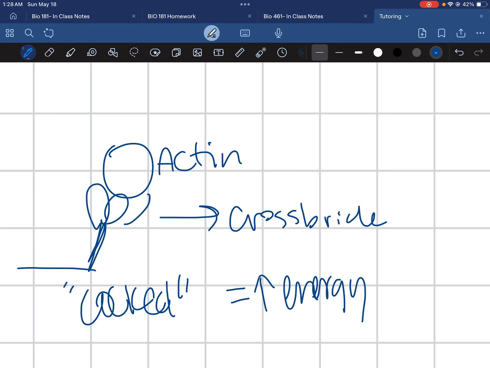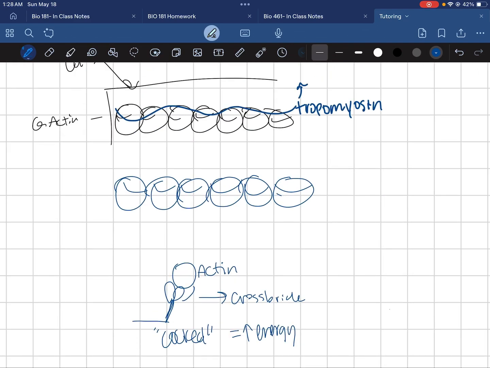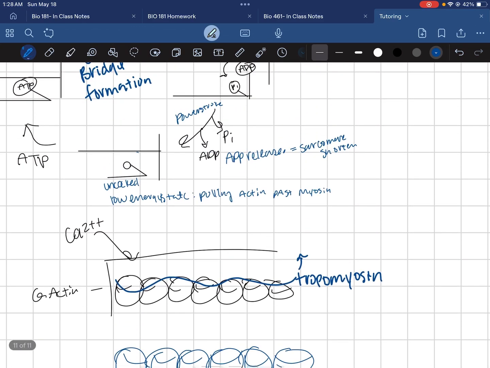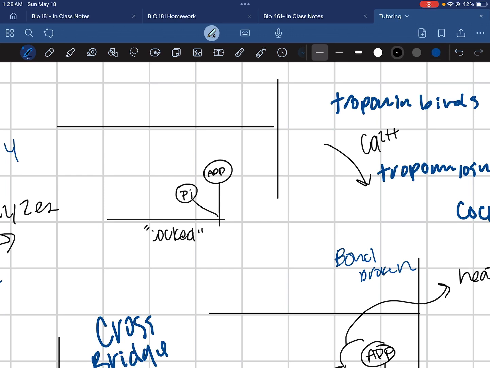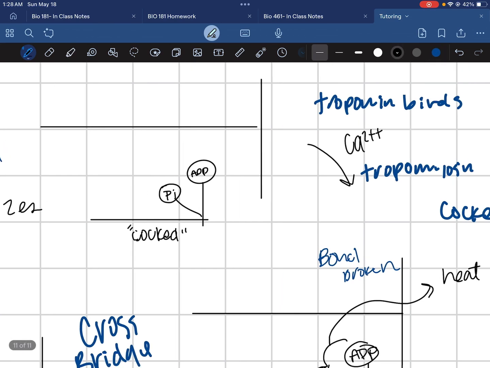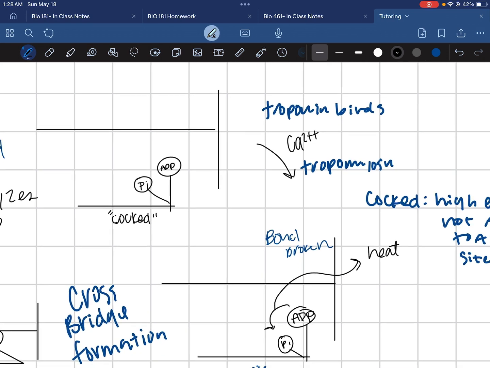And then it's recaptured in the phosphate bond. So this is when it's in its high energy state, but not able to bind to actin active sites because it has ADP and inorganic phosphate attached to it. This is when it is in its cocked position because we have the tropomyosin being removed off of it.